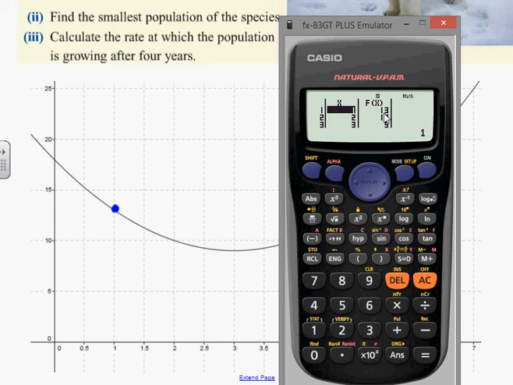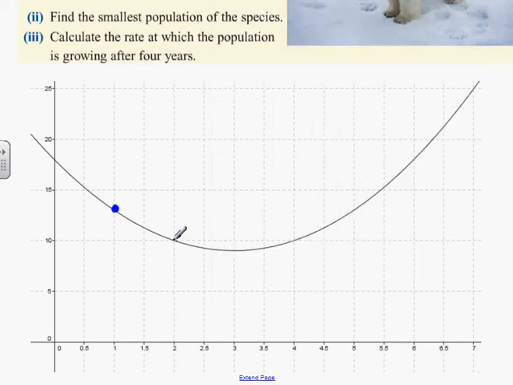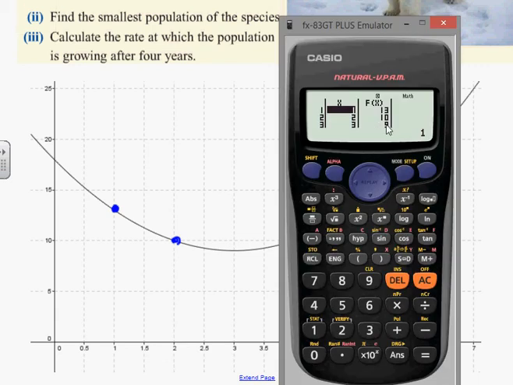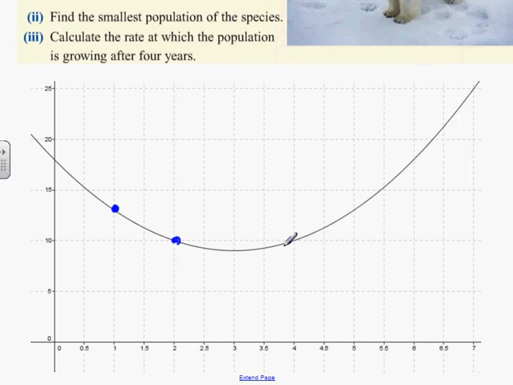After 3 years, there's 900. We can see that 900 is the lowest they've been. After 4 years, they're back to 1,000 again. After 5 years, they're back to 1,300. And finally, after 6 years, they're back to 1,800.